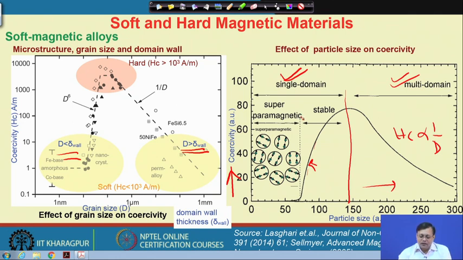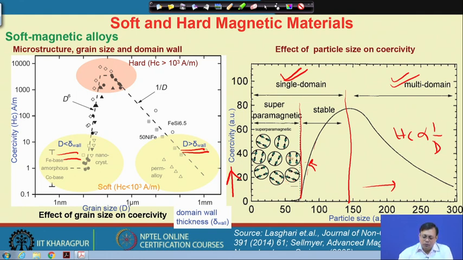Now, here let us say the situation is shown that if the grain size becomes very small, then I have, let us say, these are the atomic magnetic moments in an atom, the resultant moment in an atom. So, the grains may be crystallographically oriented in different ways.